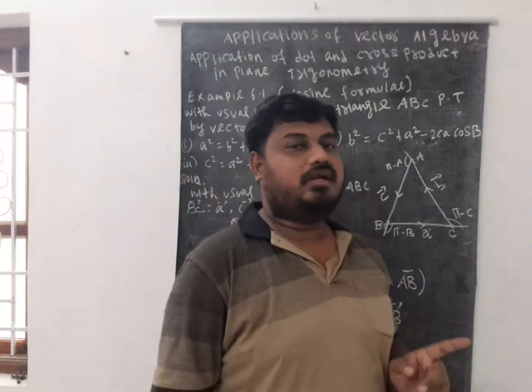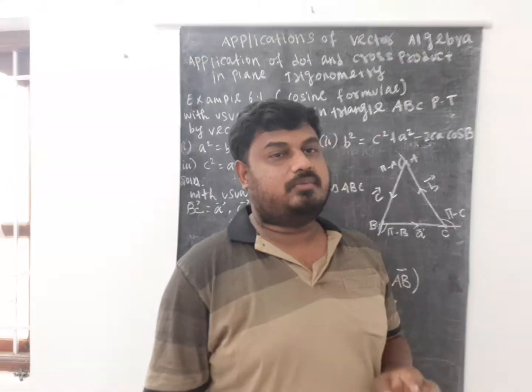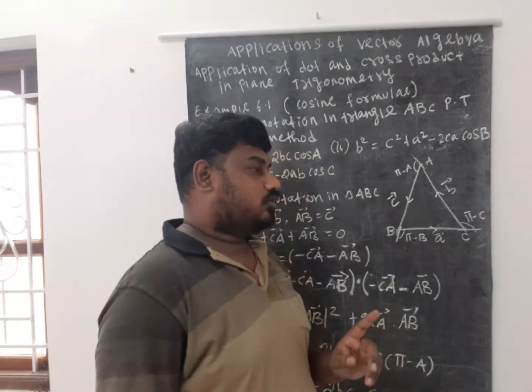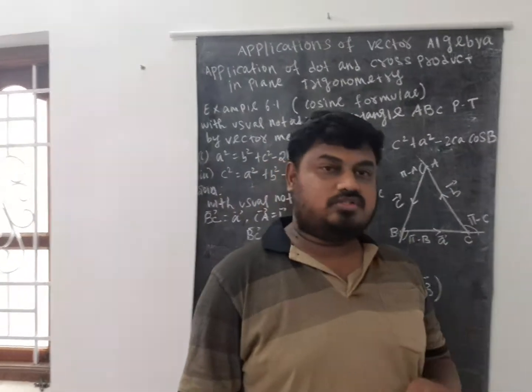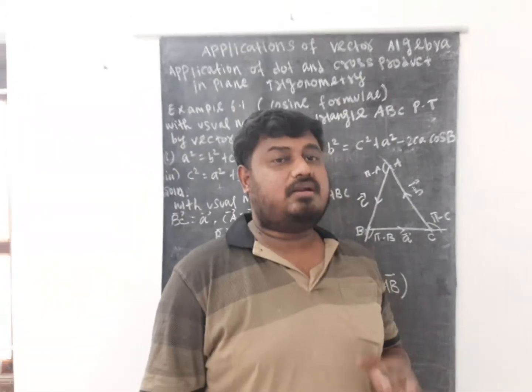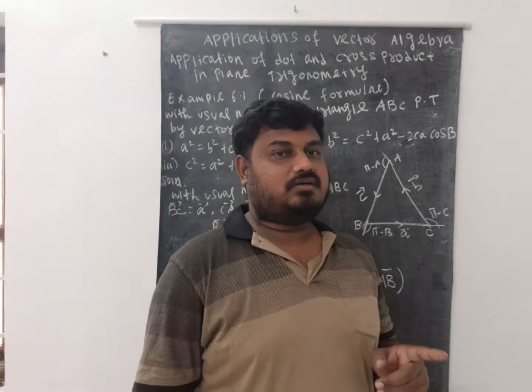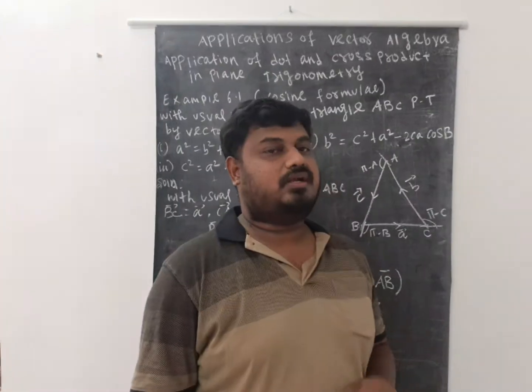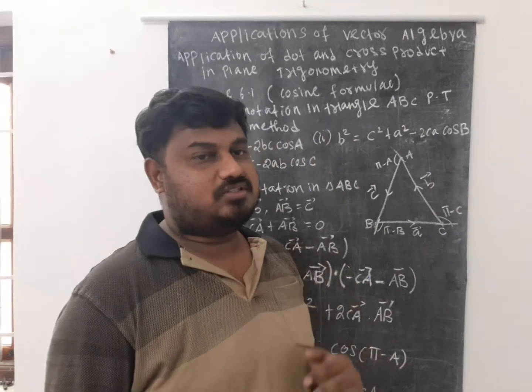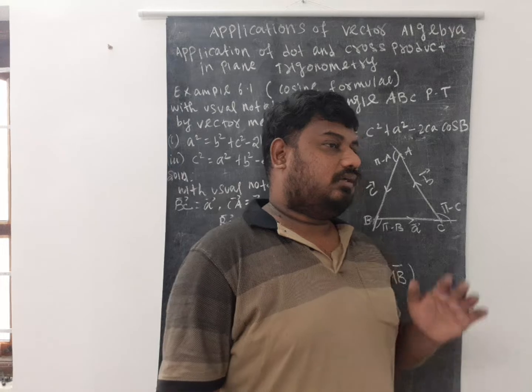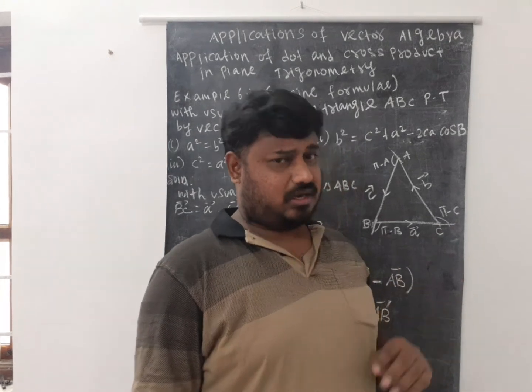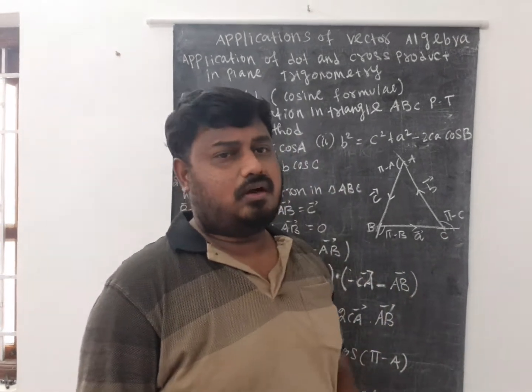If two vectors are perpendicular, then a vector dot b vector is equal to 0. Suppose a vector cross b vector is equal to 0 vector, it means the two vectors are parallel. Dot product 0 means the two vectors are perpendicular, cross product 0 vector means the two vectors are parallel. And the dot product is commutative but the cross product is not commutative.